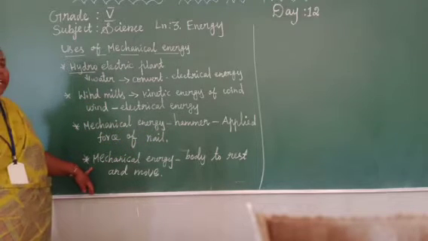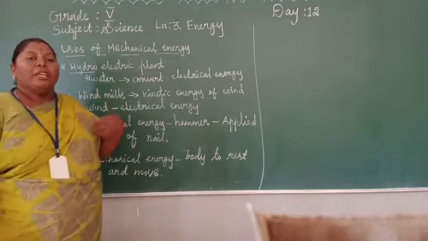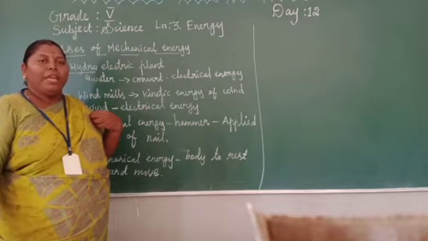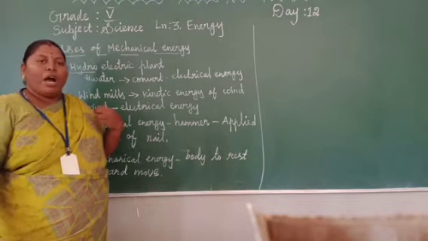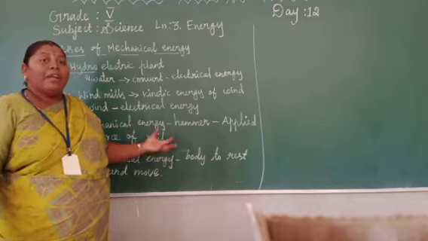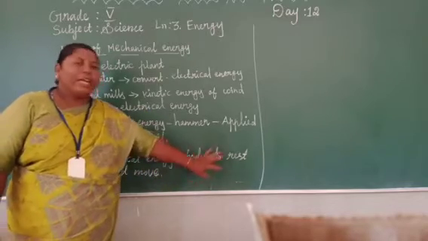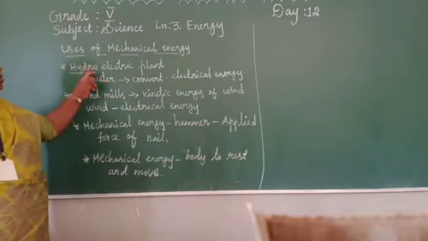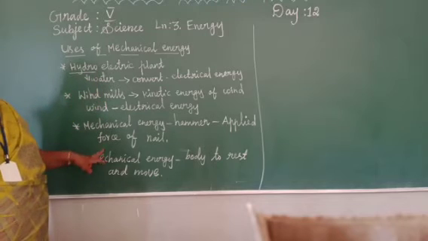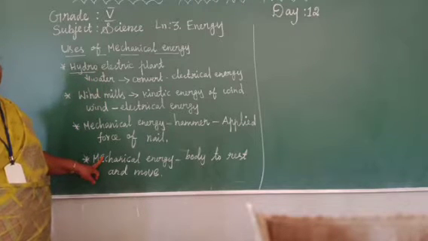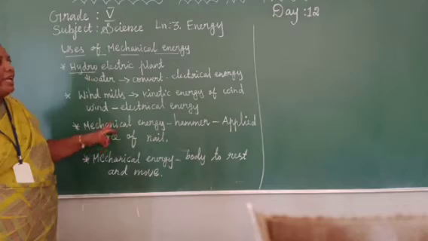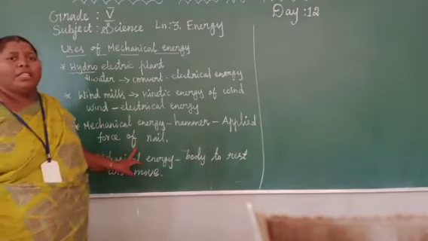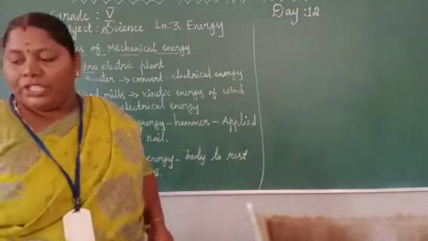And mechanical energy can bring a body to rest or make a body at rest move. So these are the uses of mechanical energy. Are you clear, children? So next we will see the heat energy.